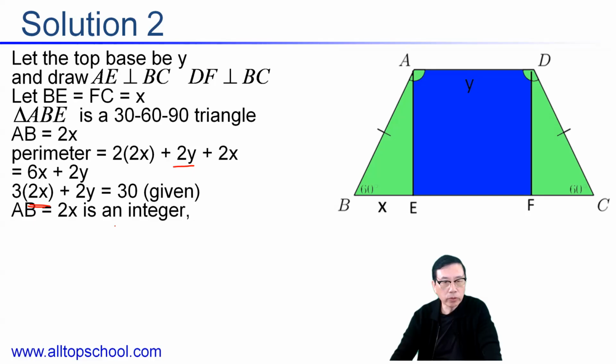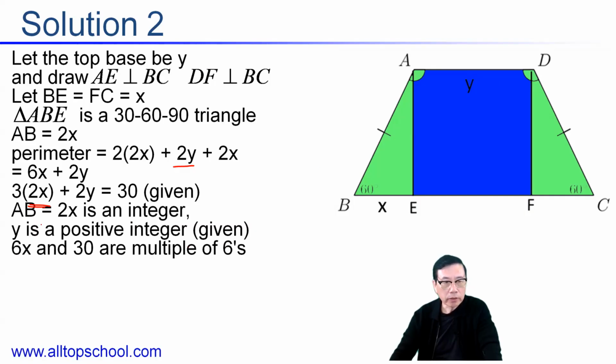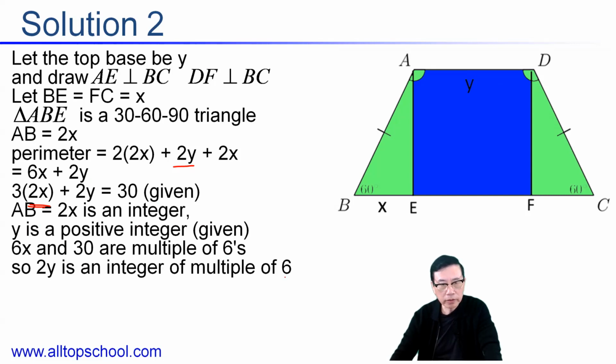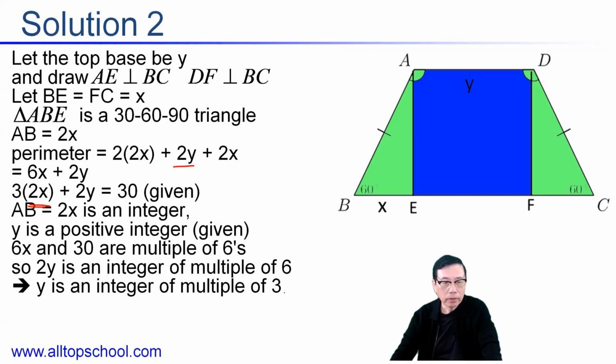So AB equals 2x is an integer, and y is a positive integer as well, as given. The side lengths are integers. 6x and 30 are multiples of 6. So therefore 2y is an integer multiple of 6, so y is an integer multiple of 3. Then y must be equal to 3, 6, 9, and 12, multiples of 3. So we still get the same answer, which is E.